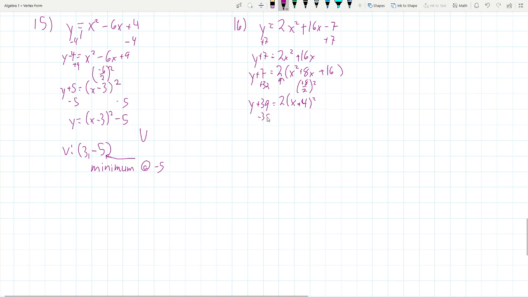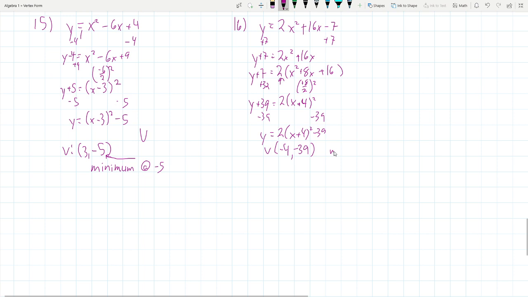I subtract 39. I get y equals 2 times x plus 4 squared minus 39. That tells me that my vertex is at negative 4 comma negative 39.